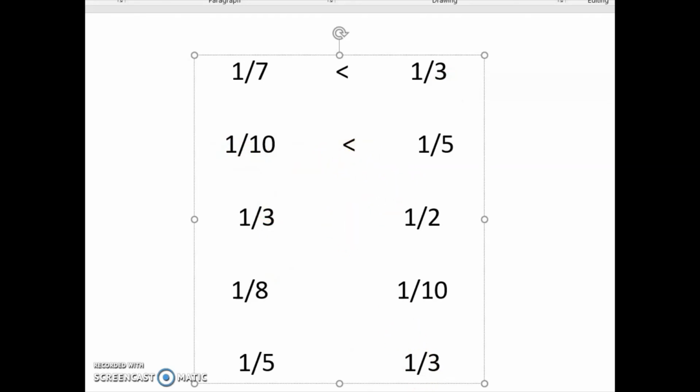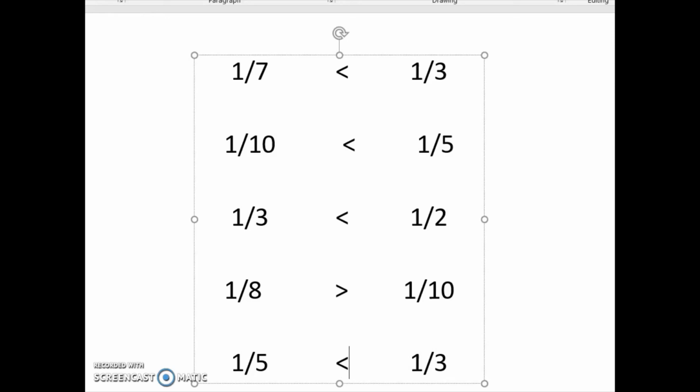Okay, 1 out of 3, a third, is less than half. How about 1 out of 8? 1 out of 8 is more than 1 out of 10. 1 out of 8 pieces is more than 1 out of 10 pieces. How about 1 out of 5? 1 out of 5 is less than 1 out of 3.